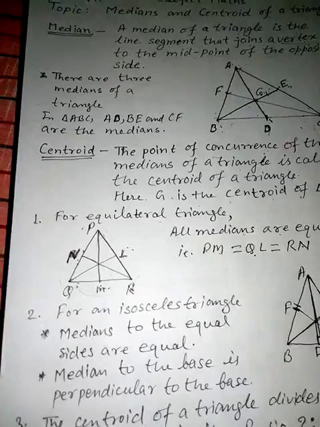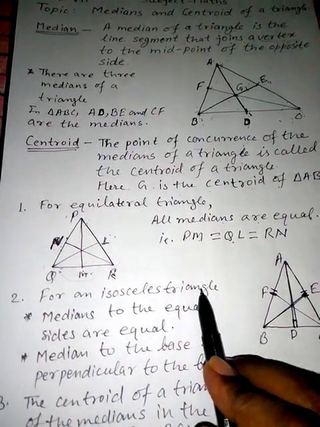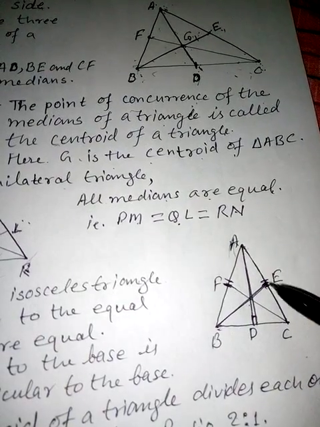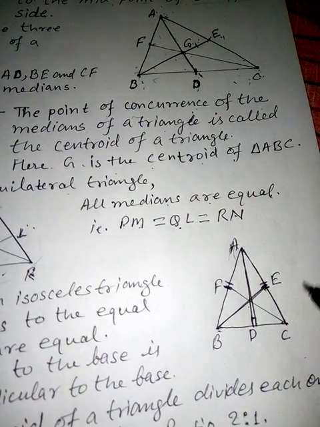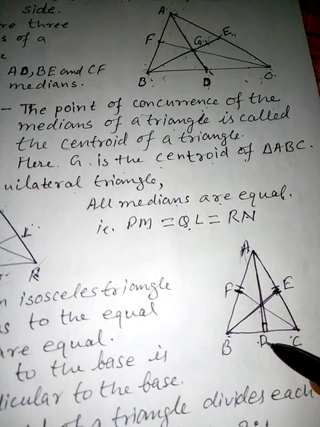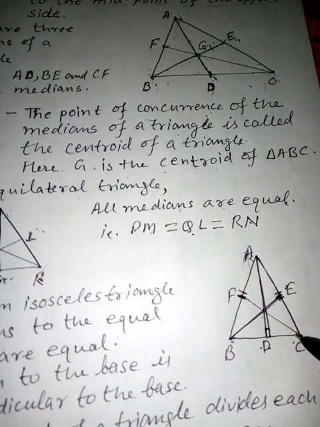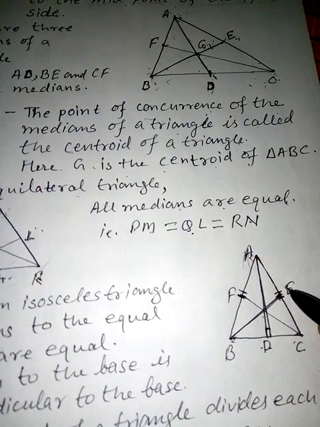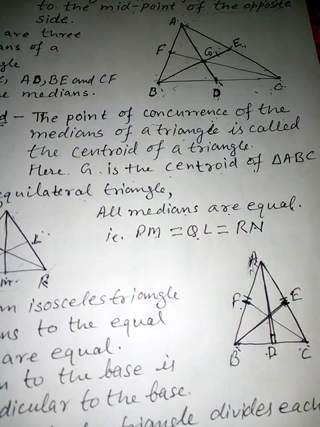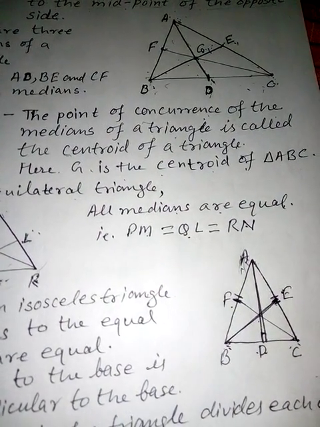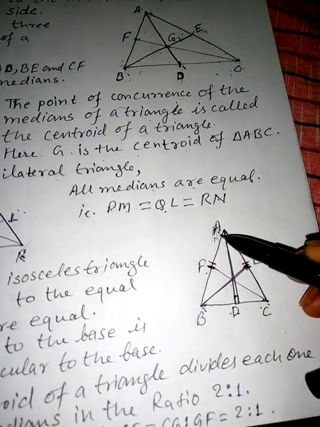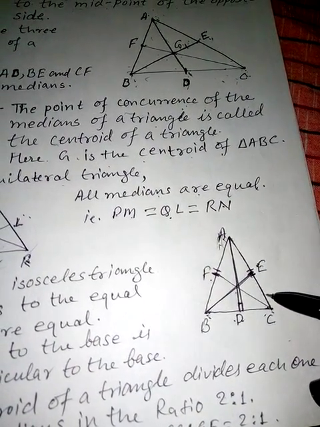Now for an isosceles triangle, you can see here an isosceles triangle ABC in which AB equals AC and D is the midpoint of BC, so AD is the median. E is the midpoint of AC, so BE is the median, and F is the midpoint of AB, so CF is the median. You can see these two sides are equal.